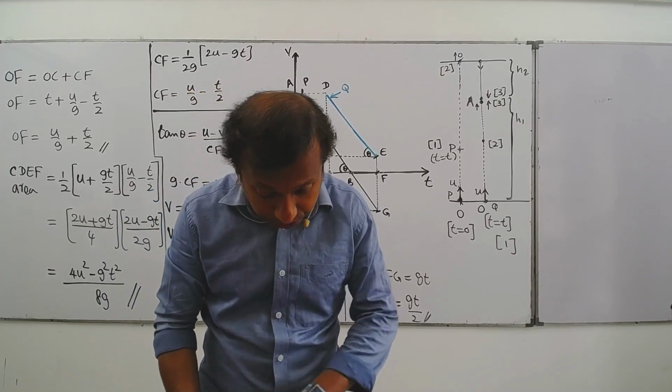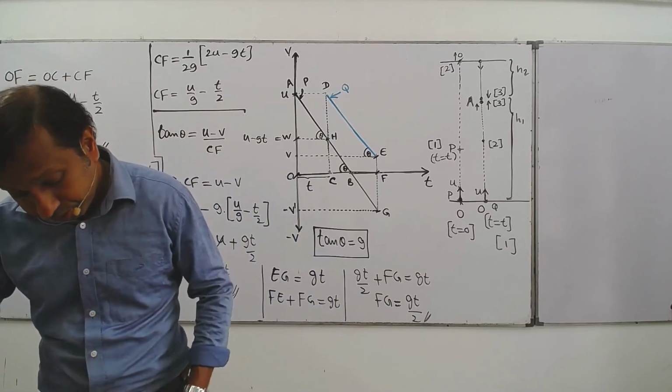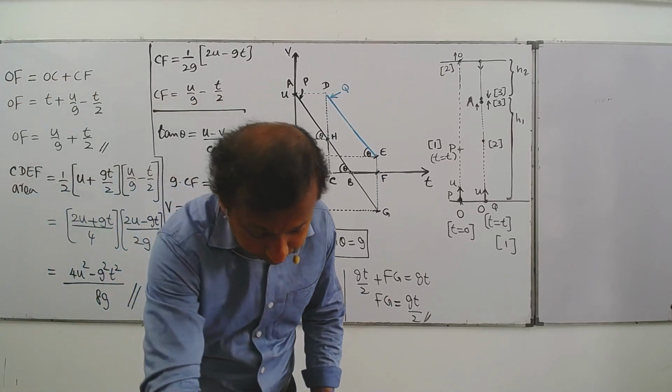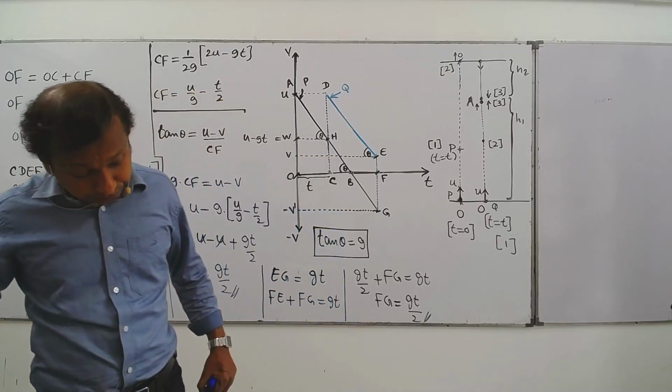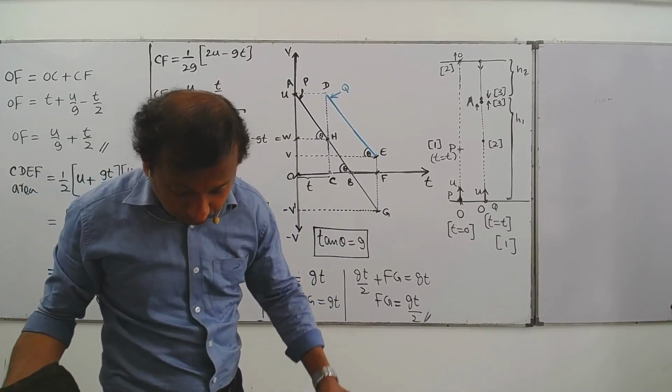Okay, we'll move to the second one. There you are given a vector question. OACB is a parallelogram.